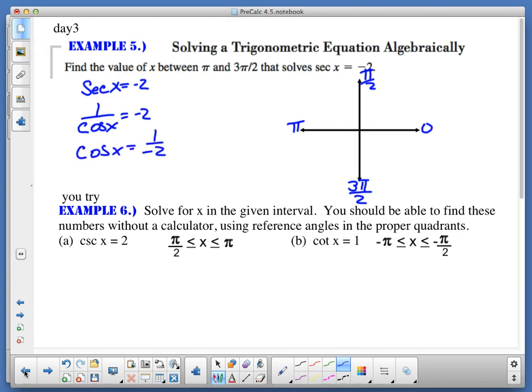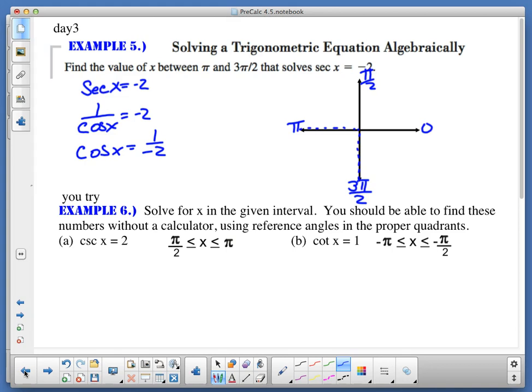So now I'm looking for a value between pi and 3 pi over 2. This is the area. Okay, they told me the area, the range I'm looking for, that has a radius of -2. Well, really won't be -2. The radius is always positive. The radius is 2. My x value, because cosine, is 1.